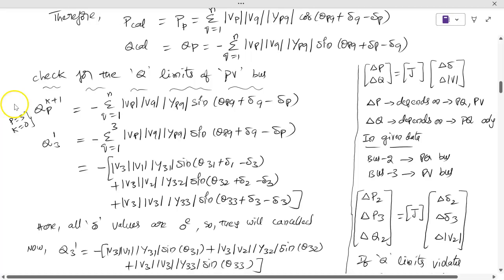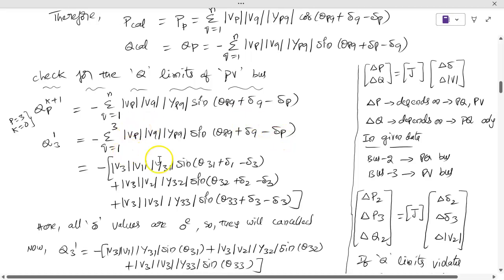Okay, now here we need to substitute P equal to 3. Why P equal to 3? We are calculating the Q value for the PV bus, that is the third bus. So P equals 3, K equals 0. So now substitute: K plus 1 is 0 plus 1, equal to 1. P value 3, and here sigma Q equal to 1 to 3, where the number of buses N is equal to 3. So this expression will come.